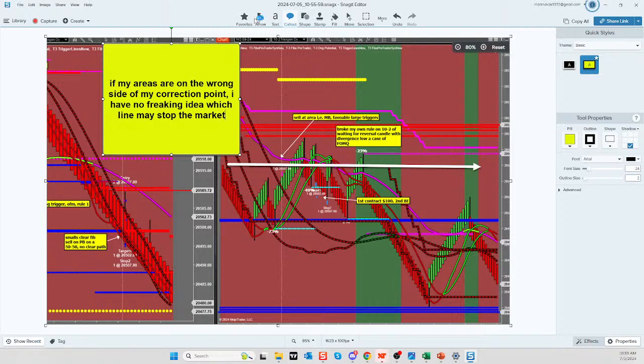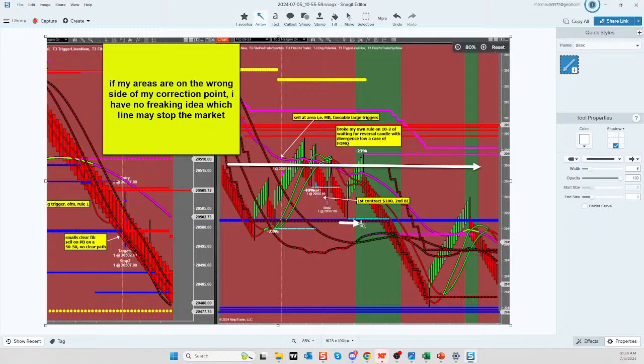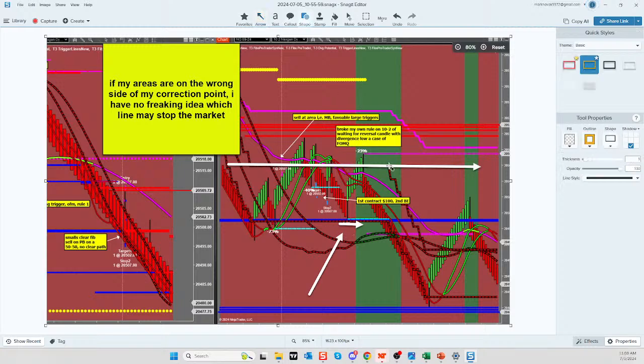And then the opposite, if my area is right before the synthetic triggers, on the way to the correction point, well then I can create an intelligent stop on the other side of the correction point. Here, I can't. Does that make sense? That's why I talk about the correction point so much. And it's the combination of the two.